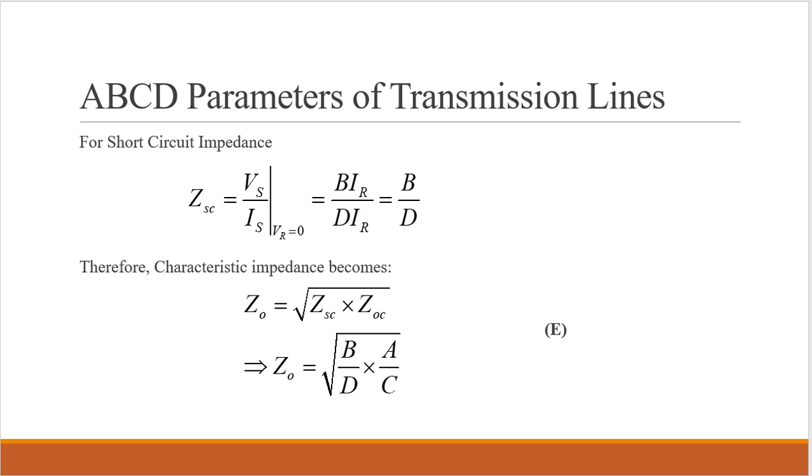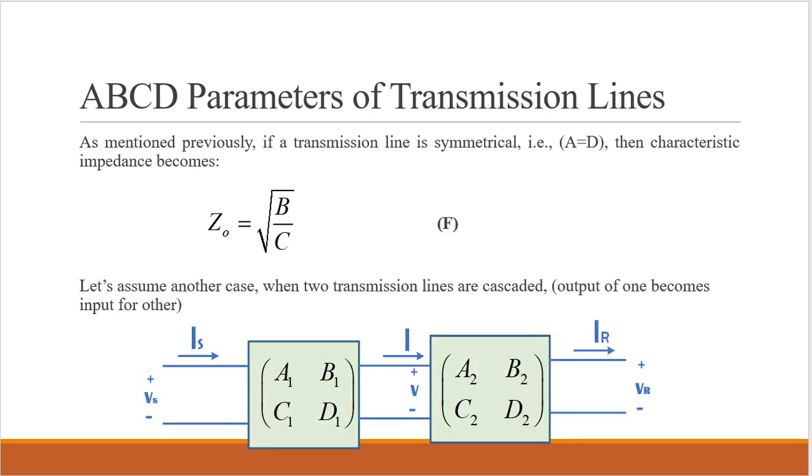Therefore, as mentioned previously, if there is a symmetrical wire, then in that case we have A is equal to D, right.